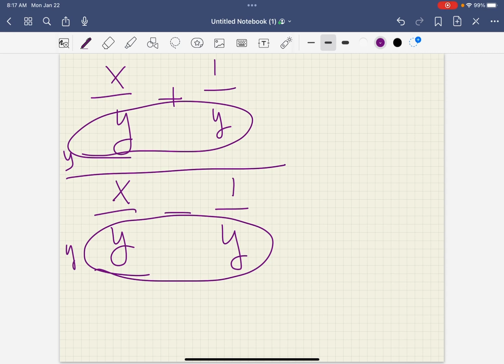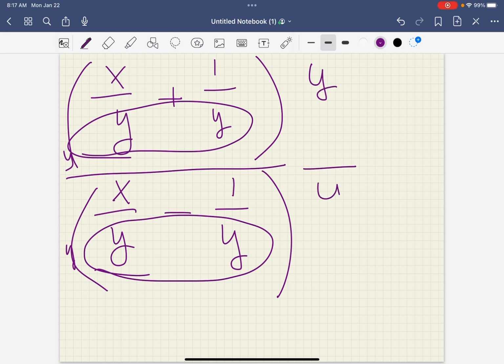It's just y. So we're going to take that common denominator and multiply by y over y, because y over y is just 1, and I can multiply by any form of 1 that I want, and it won't change it. It will just put it in a different form.